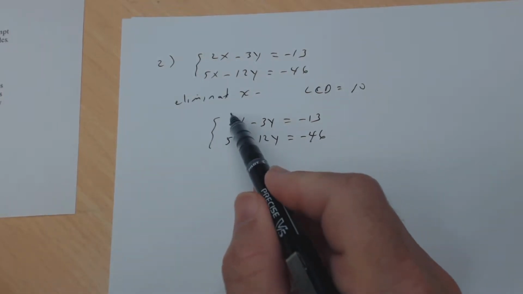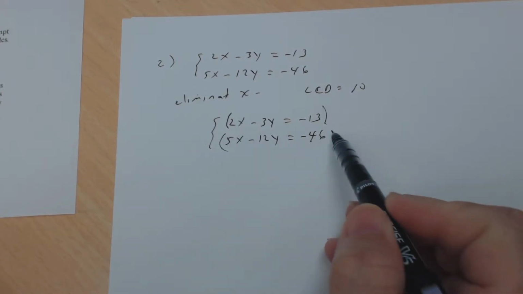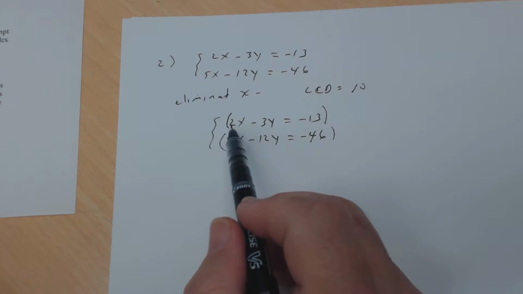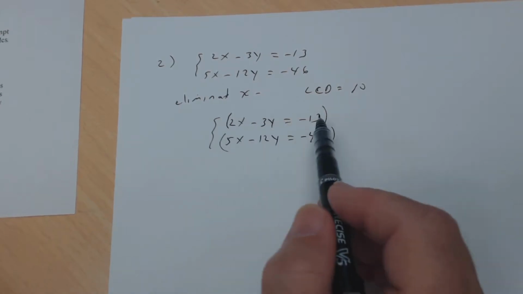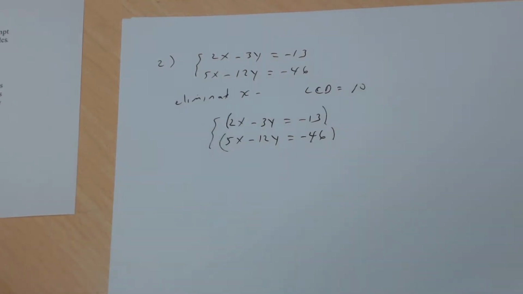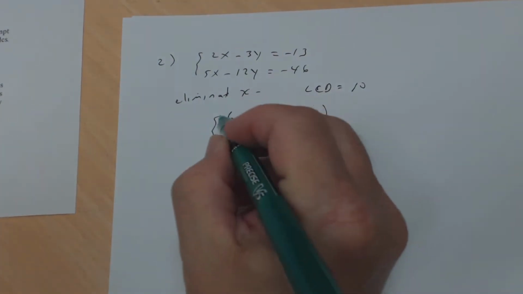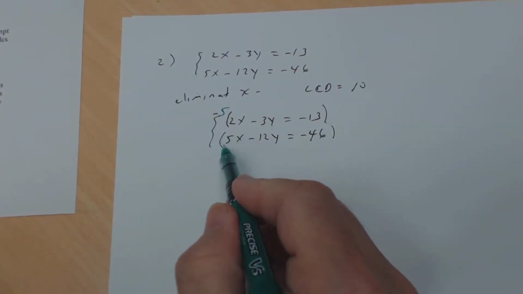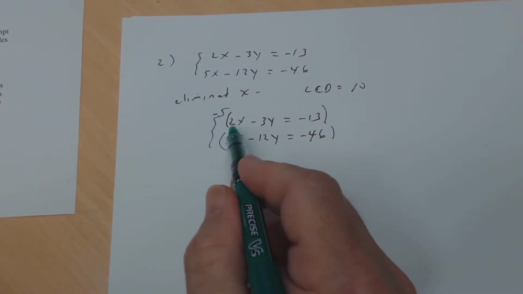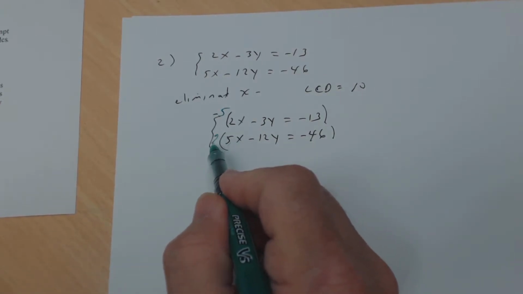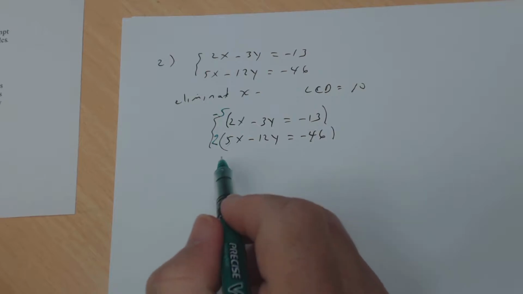All right, and put all those in parentheses. If I want this to be a negative 10, then I've got to multiply both sides of this equation by a negative 5, because a negative 5 times 2x is a negative 10. If I want this to be a positive 10, then 2 times 5x is going to be 10x.